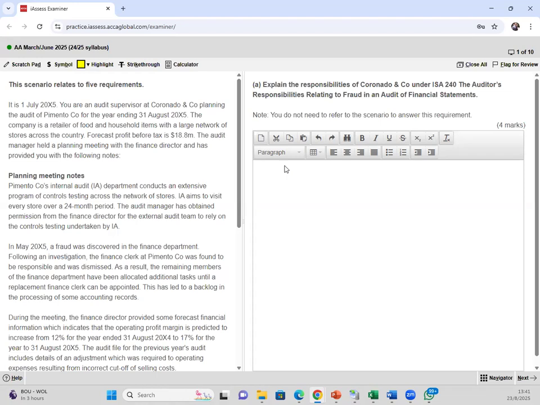The first responsibility is to identify and assess the risk of material misstatement in the financial statements, which may have been caused by error or fraud.